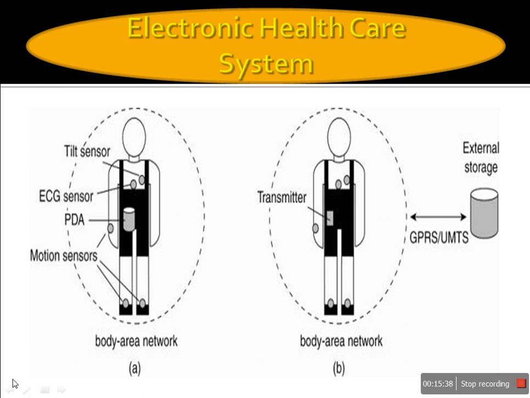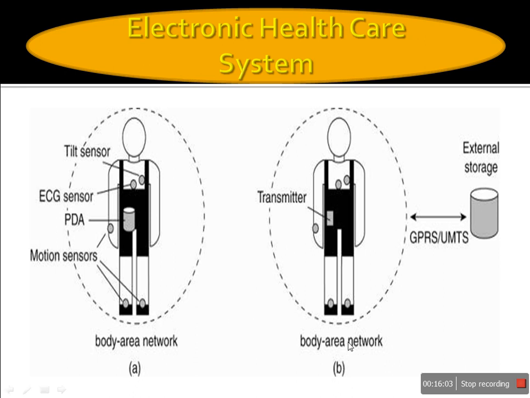Okay, in the diagram a central hub is part of the BAN and collects data as needed. From time to time, this data is then offloaded to larger storage devices. The advantage of this scheme is that the hub can also manage the BAN. BAN means body area network.